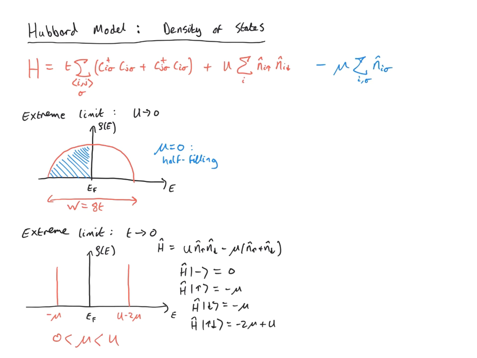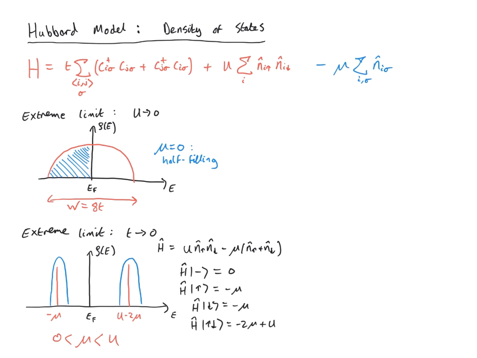So instead of having perfectly localized states, the electrons can start to move around a little bit on the lattice. They gain a bit of dispersion. These poles become a bit broadened, and so with finite t, these poles turn into peaks.